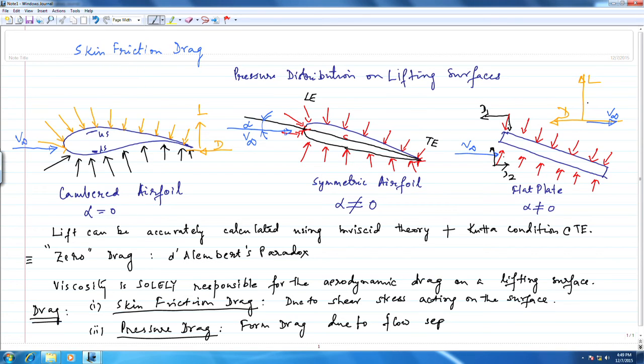So, basically we are looking at two types: skin friction drag and pressure drag.